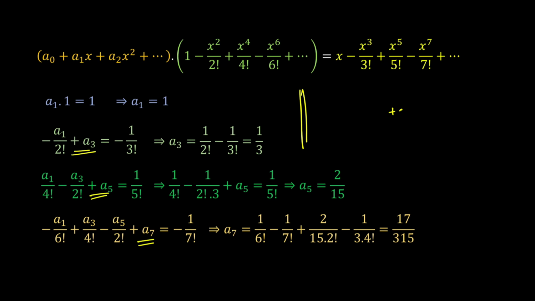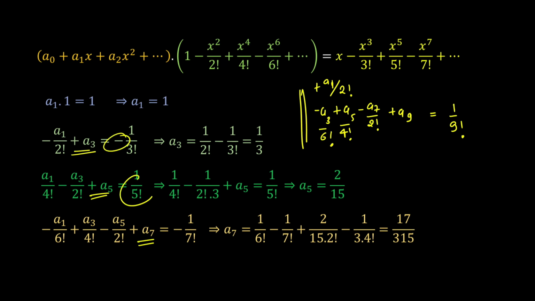We will start with a9, and here is a plus. Then we can write minus a7 over 2 factorial, then plus a5 over 4 factorial, then minus a3 over 6 factorial, and then plus a1 upon 8 factorial, and this will be equal to plus 1 by 9 factorial, right?